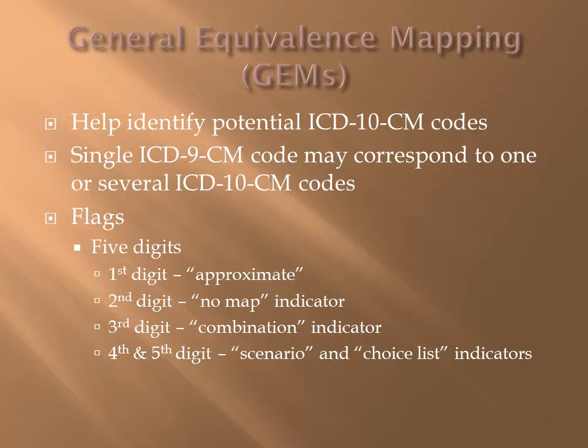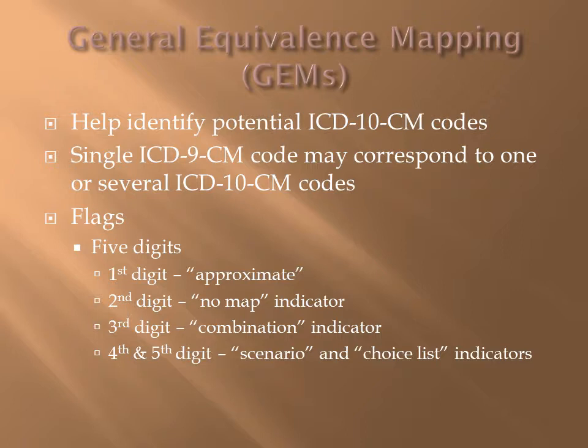The second digit is a no map indicator. The 0 equals at least one match, and a 1 equals no match exists with no diagnosis notation.